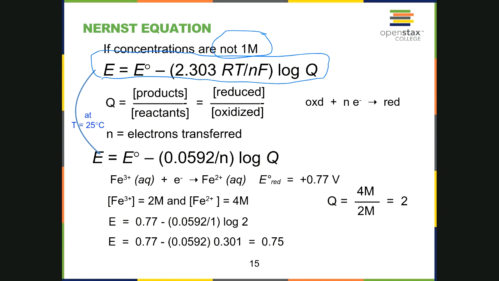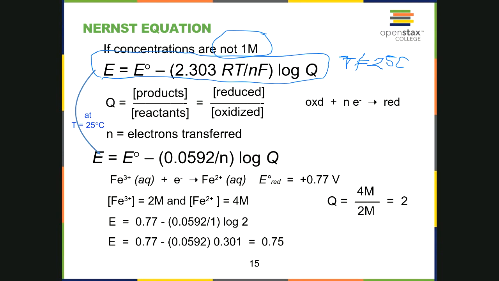This first version of the equation is for if the temperature is not equal to 25 C, and the concentrations are not 1.